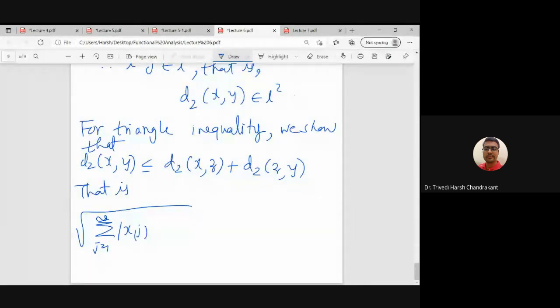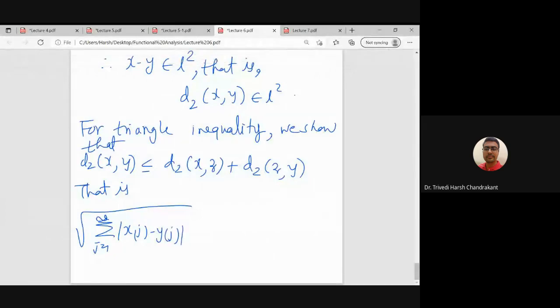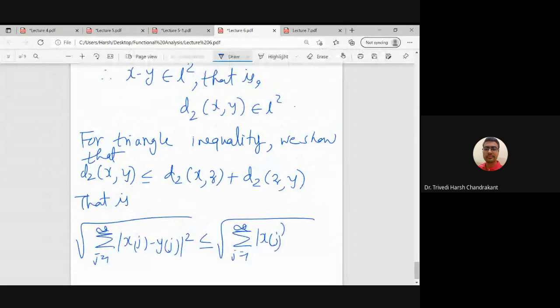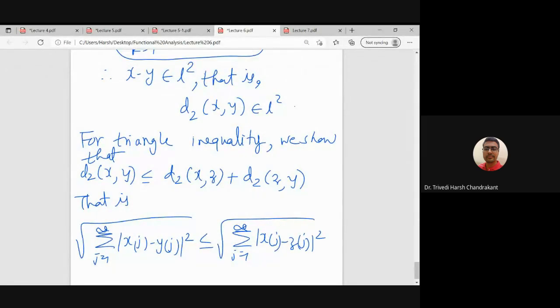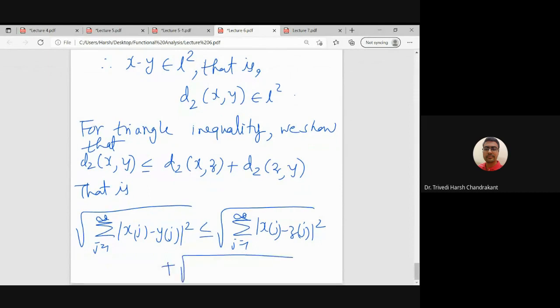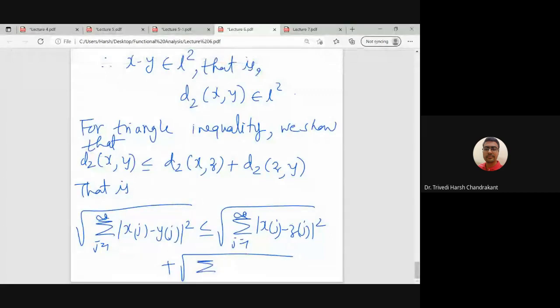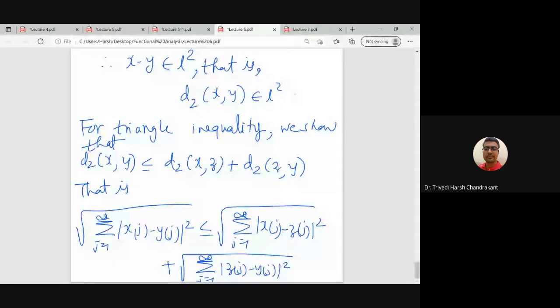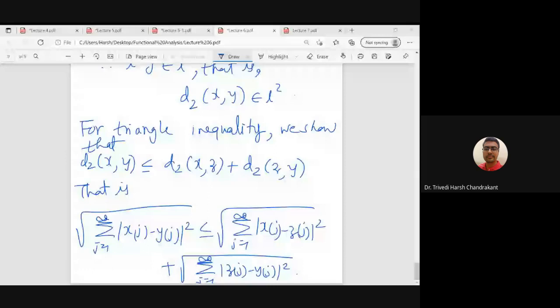So xj minus yj square, which is less than or equal to square root of summation xj minus zj square plus square root of summation zj minus yj square. So this thing we need to show.